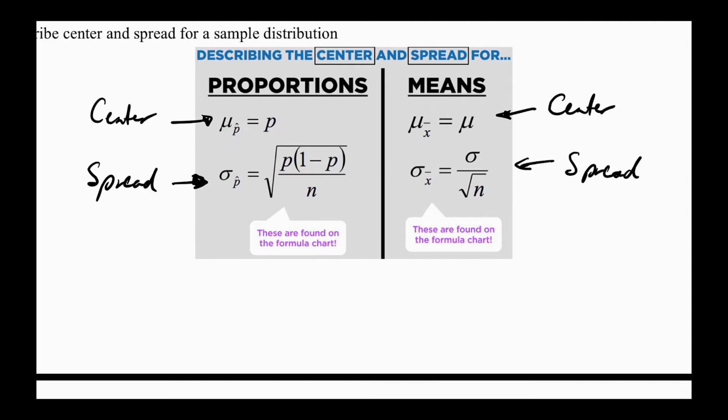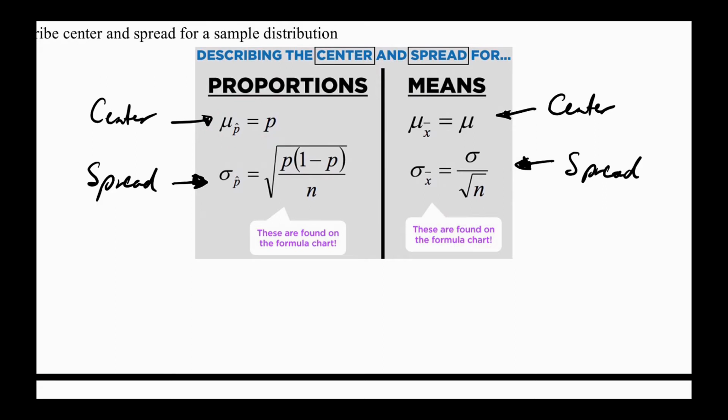Okay. These four formulas you do not have to memorize because they're on your sheet. They will be given to you on testing. But you just have to know that one's for center, one's for spread, two of them for means, two of them are for proportions. So if they ask you, what is the center of the sampling distribution, and it's a proportions question, you're going to use this guy right here.